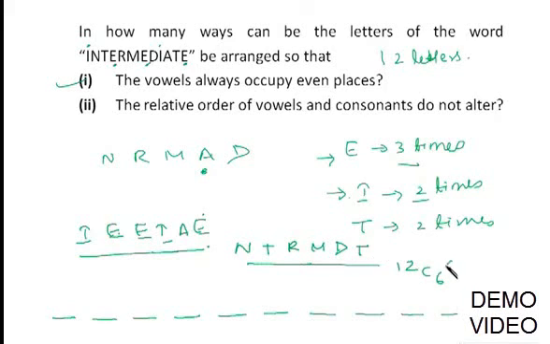Now on the remaining 6 positions, we have to arrange the vowels in their order only. So 6 positions and 6 vowels, and a single arrangement is possible. So further it's 1. So in all our answer is 12C6, that is 12 factorial by 6 factorial into 6 factorial. This is the answer.